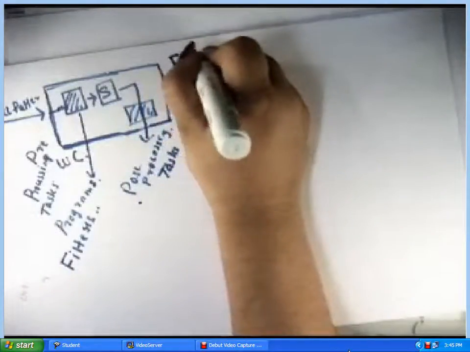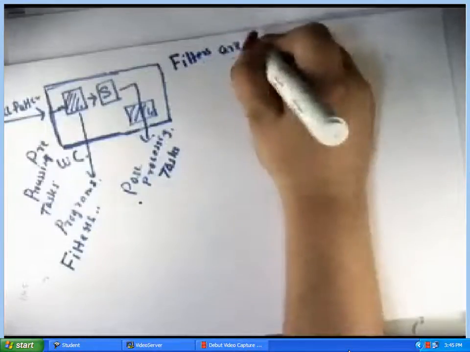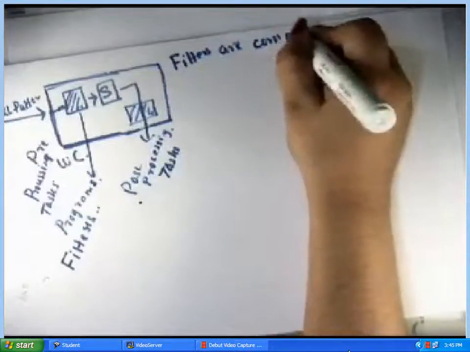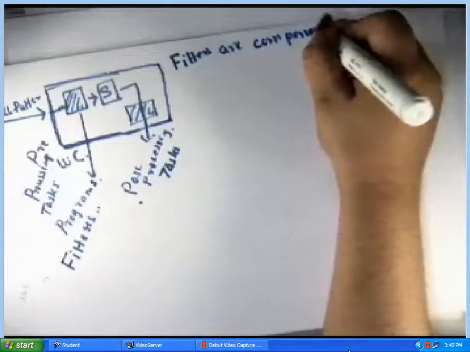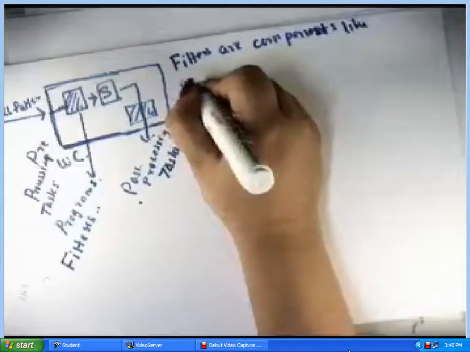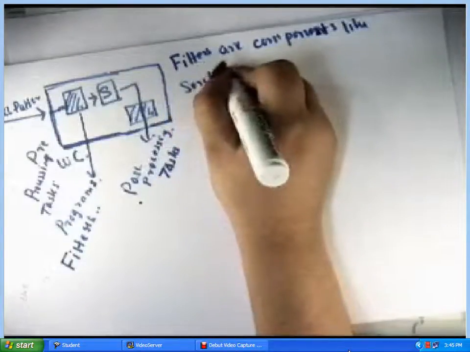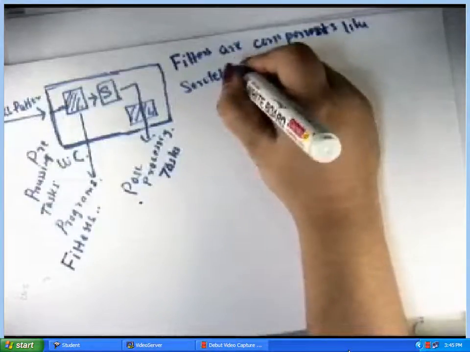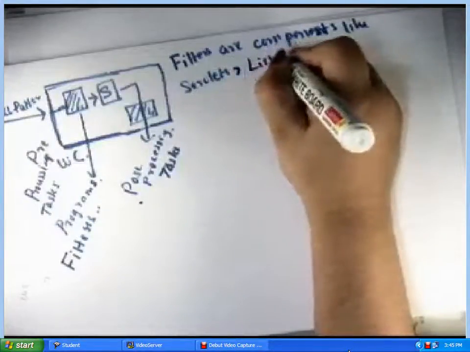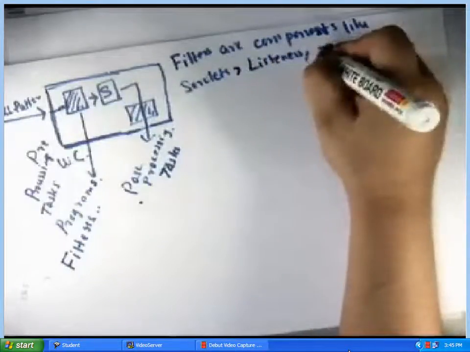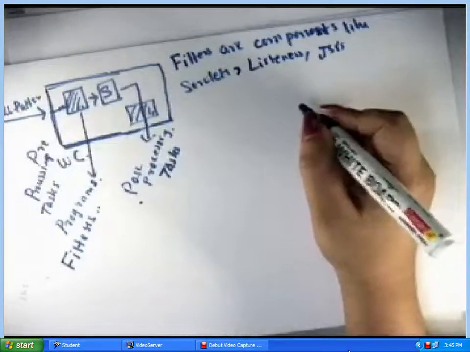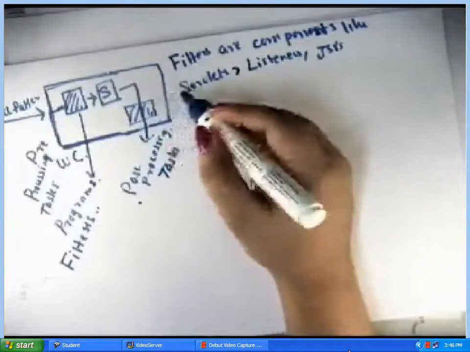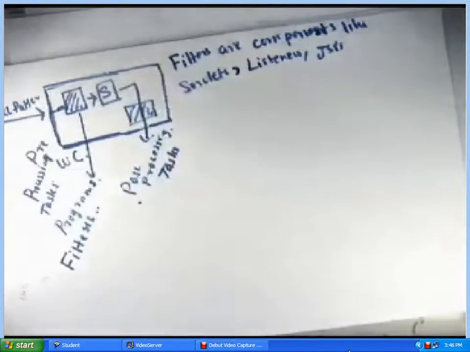So we can write it this way: filters are components like the servlet, listeners, JSPs, etc. So these components will help us do some tasks before the request gets dispatched to the servlet.